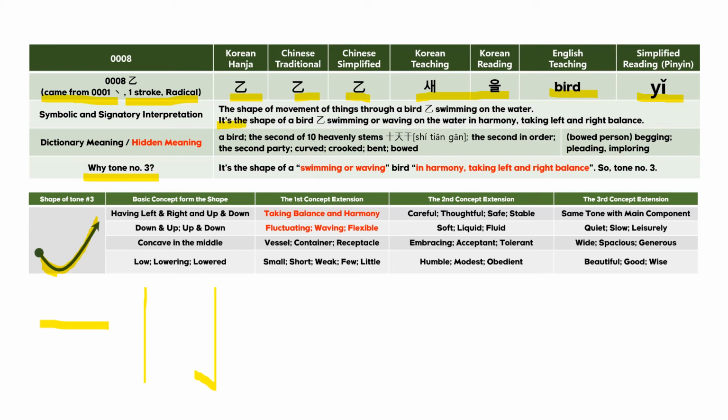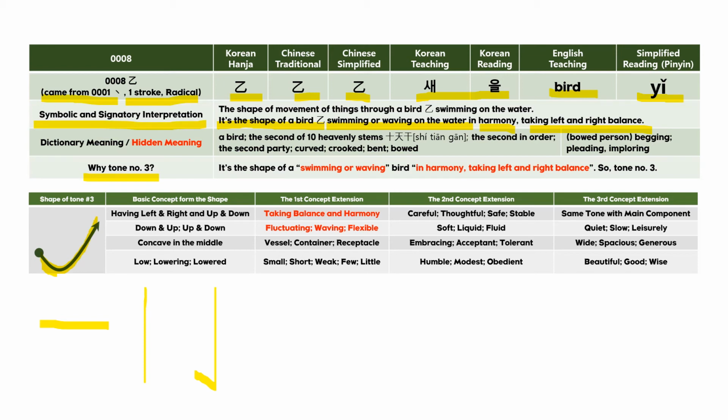It is the shape of a bird swimming or waving on the water in harmony, taking left and right balance. You can remember this character in this way. But I would like to take the symbolic and signatory interpretation method.